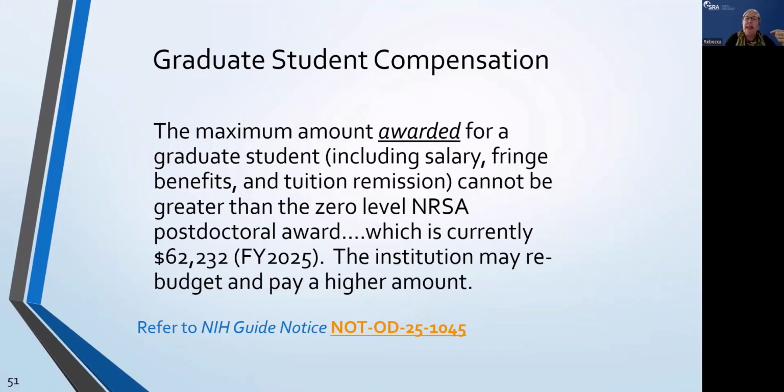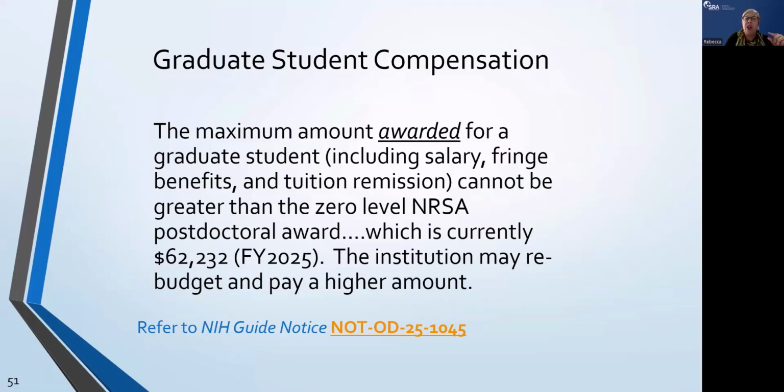Now, the institution can rebudget and pay a higher amount. You may say A&M's graduate students aren't at this level, but I assure you, institutions in New York or California are way above this level. So you ask for it, and again, all that will be awarded is at that level.